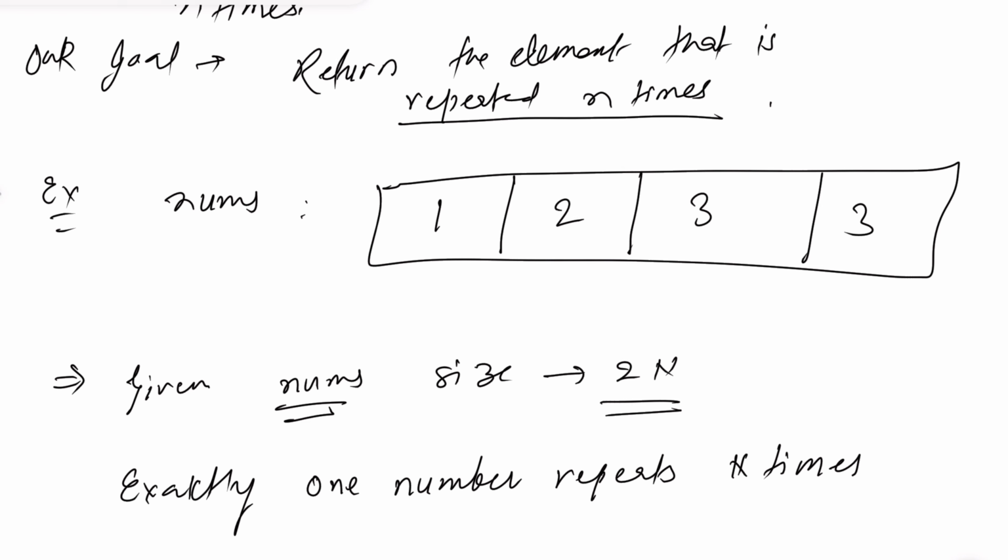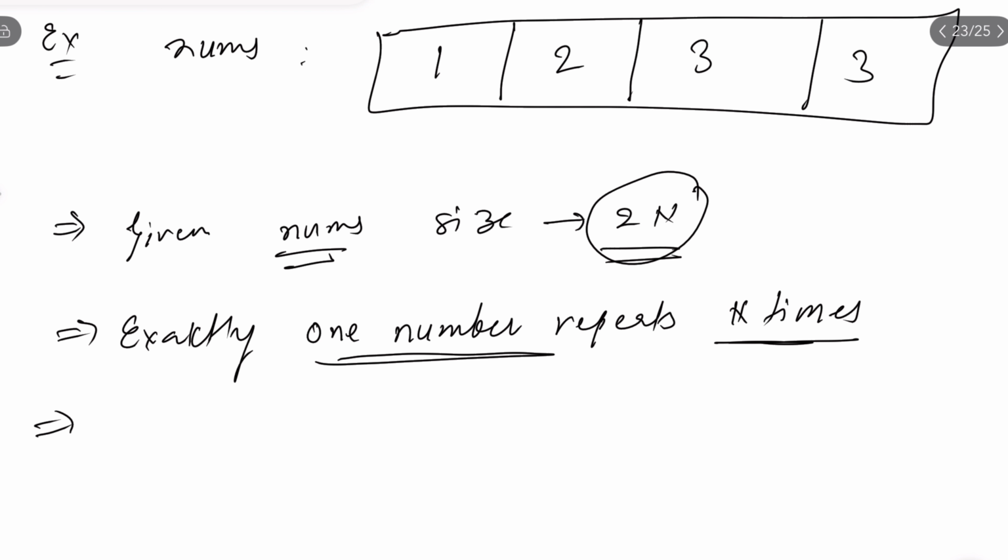So the size is 2n, but half of its size, that is n times, one number is repeating. So we can say all other numbers appear only one time.